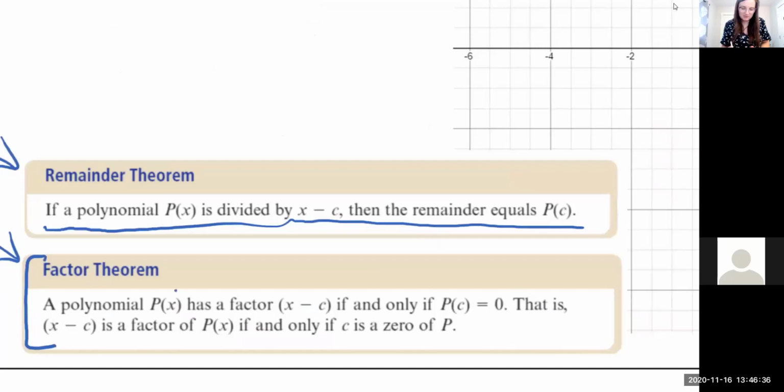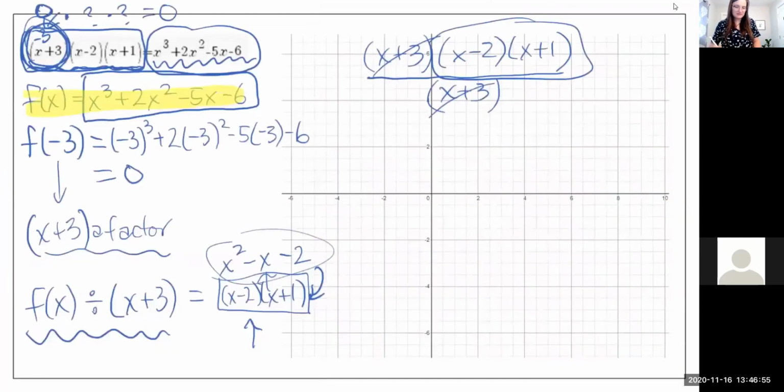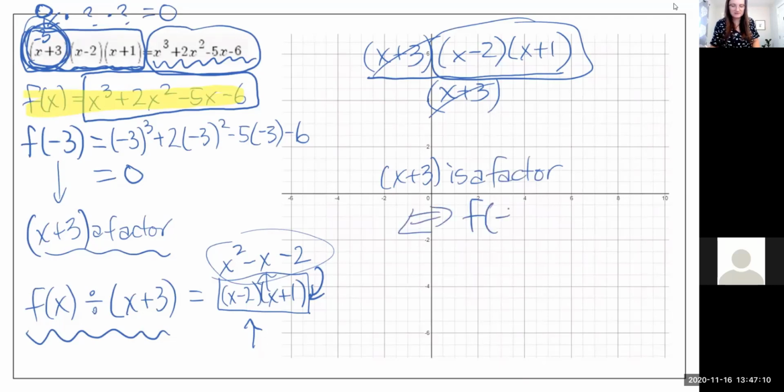So if this polynomial has this as a factor, it is equivalent, if and only if, to the fact that if you plug that number in, you'll get a 0. That's essentially what I just told you in the previous slide, right? Assuming that x plus 3 is a factor, it means that if I put f of -3 in, I should get a 0.